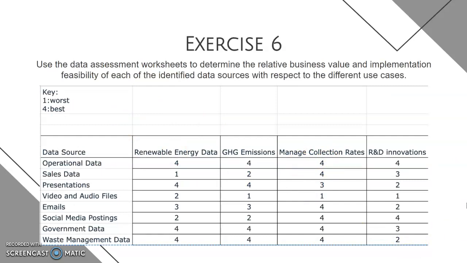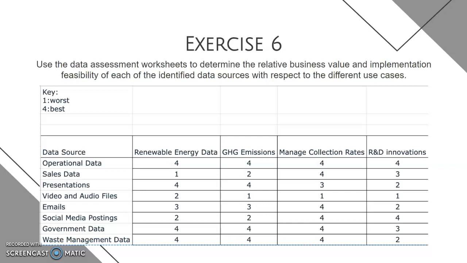And exercise 6 said to use the data assessment worksheets to determine relative business value and implementation feasibility of each of the identified data sources with respect to the different use cases. And so this is the chart, and for reference, 1 is the worst and 4 is the best.